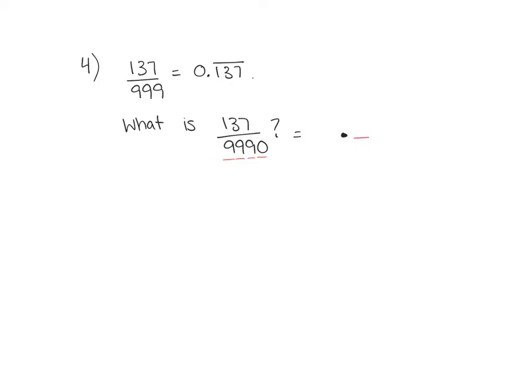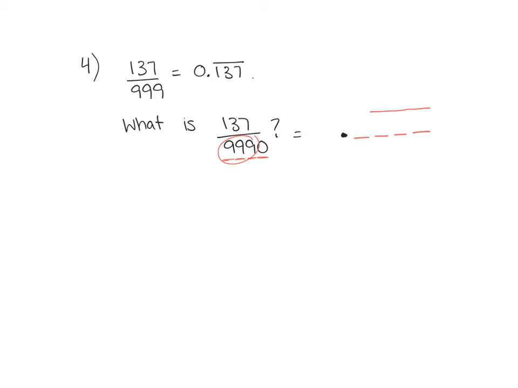I would need 4 digits because there's also 4 digits in my denominator. Then the 9s tell me how many of those numbers are repeating. There's 3 9s, so it would be the 3 last digits because you can't have a repeating decimal that comes before a non-repeating. The repeating decimals always have to be at the end.